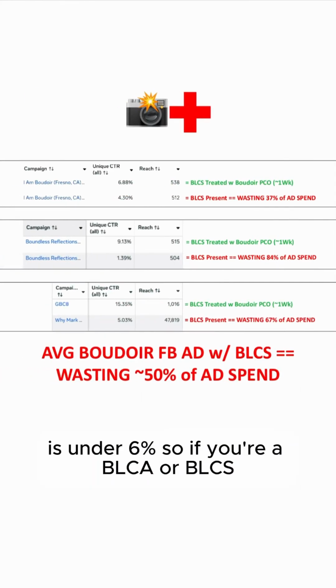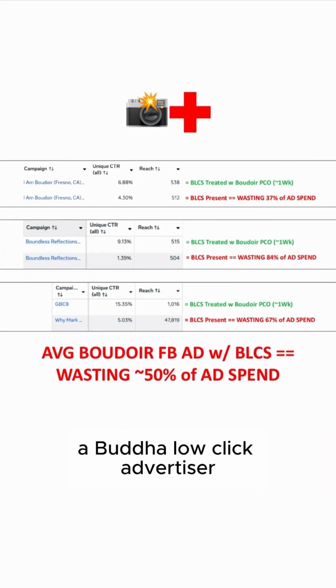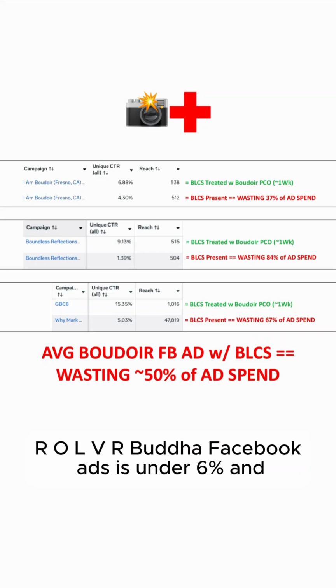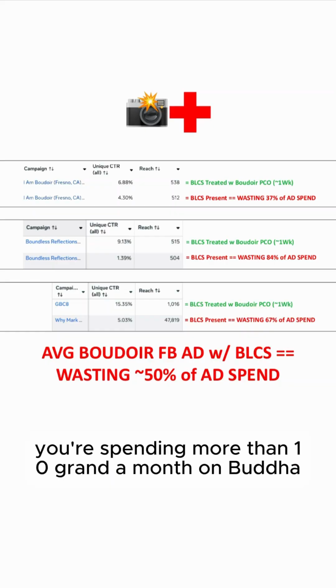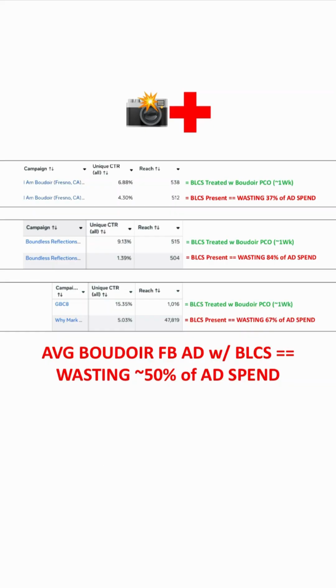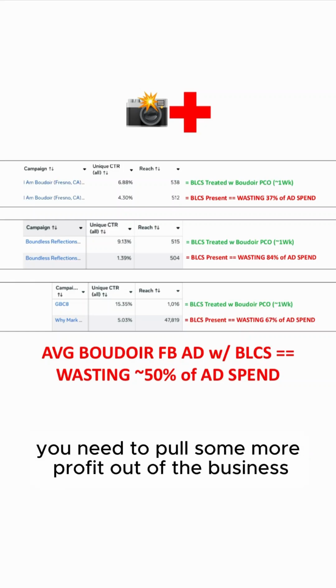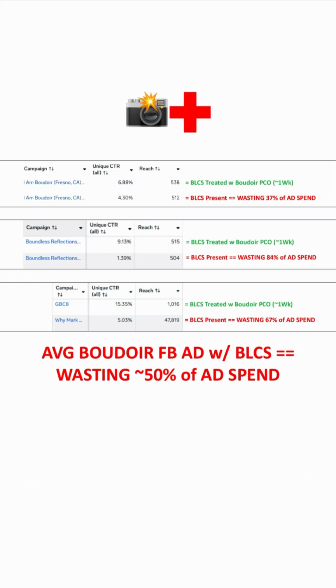So if you're a BLCA with BLCS, a Boudoir low-click advertiser with Boudoir low-click syndrome, the unique CTR of your Boudoir Facebook ads is under 6%, and you're spending more than 10 grand a month on Boudoir Facebook ads, and you decide you need to pull some more profit out of the business.